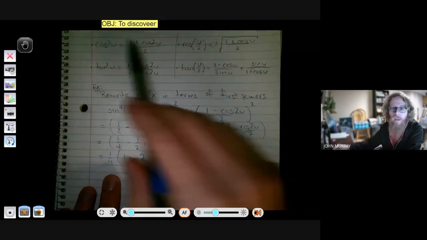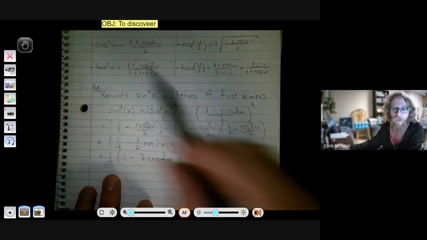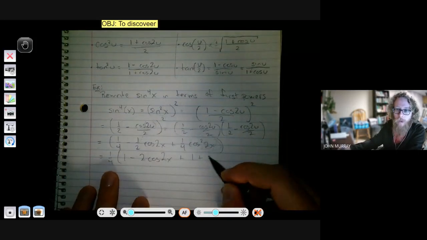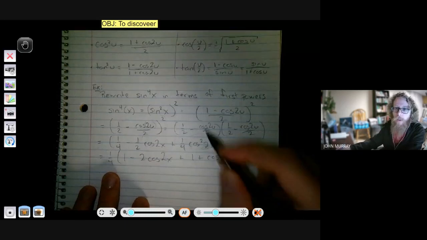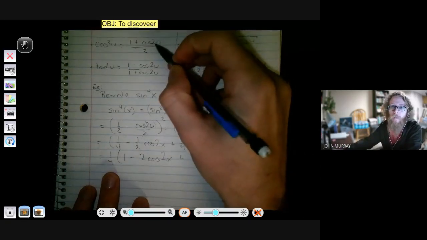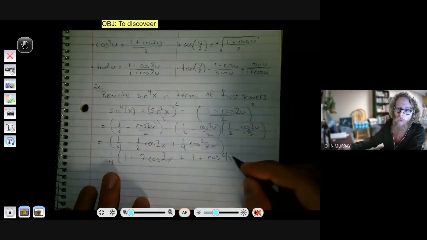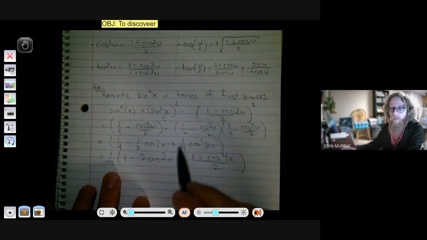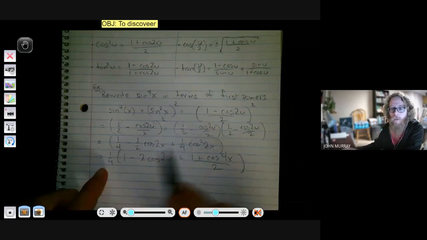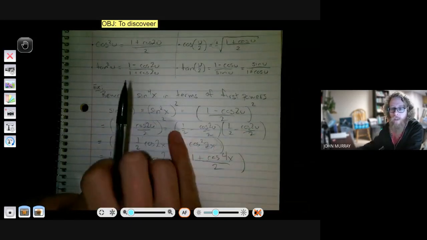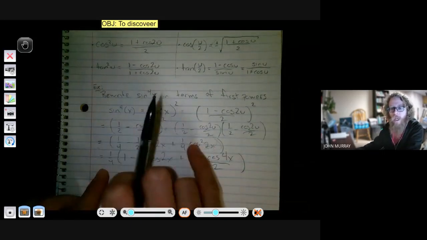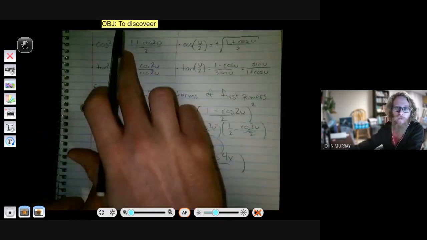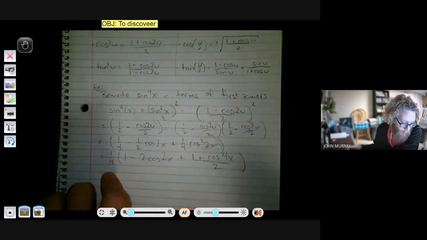So I'm going to use this rule, and that's going to be 1 plus cosine. Now, because this is a 2x, and I have to multiply that by 2, that's going to be 4x all over 2. So I did 2 things here. I pulled out the 1/4, so I just had the cosine squared of 2x, and then the cosine squared of 2x I replaced with the power reduction formula.